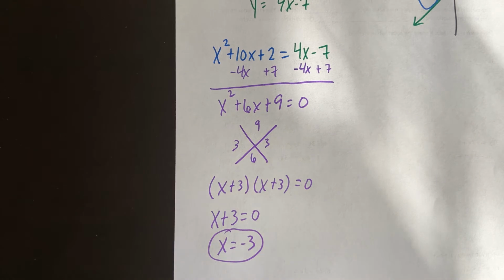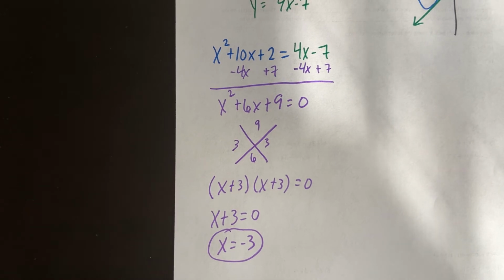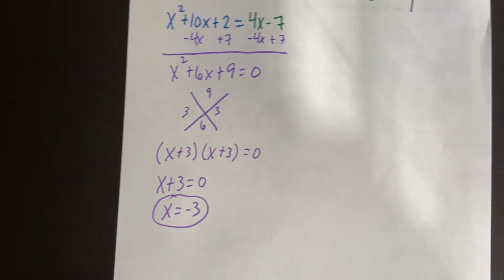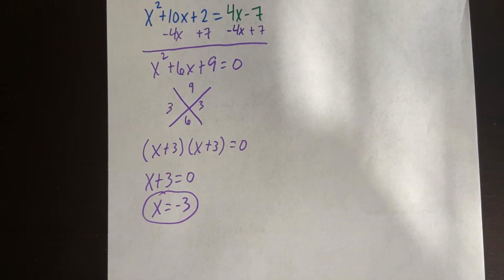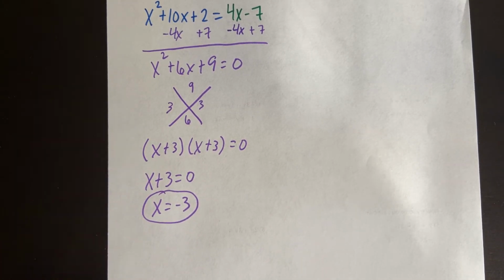This guy is going to have a point of intersection somewhere when the x value is negative 3. If you were to use the quadratic formula, hopefully you remember from last chapter, the discriminant should be 0. So when we take the square root of a 0, we're adding and subtracting that 0. It literally does the same thing. So if you do the quadratic formula, that discriminant, the stuff underneath the square root, better be a 0.